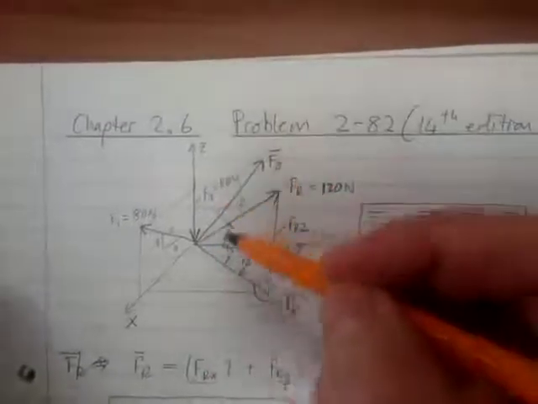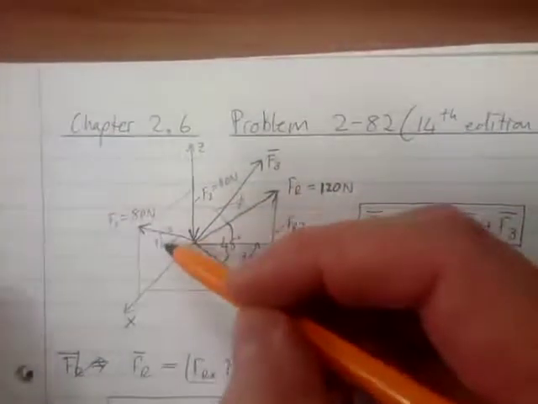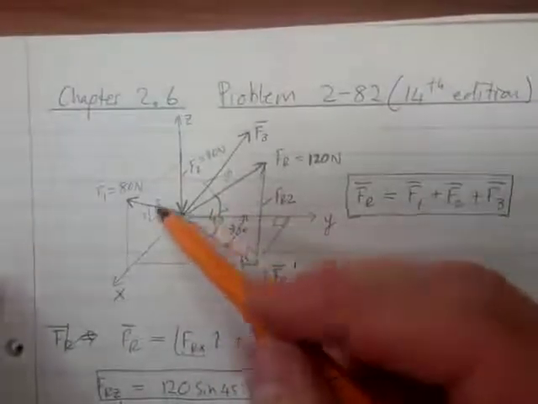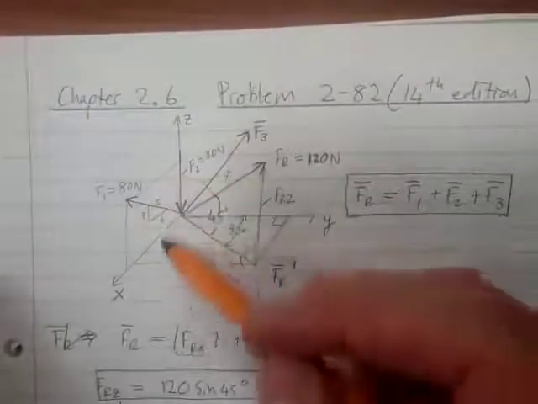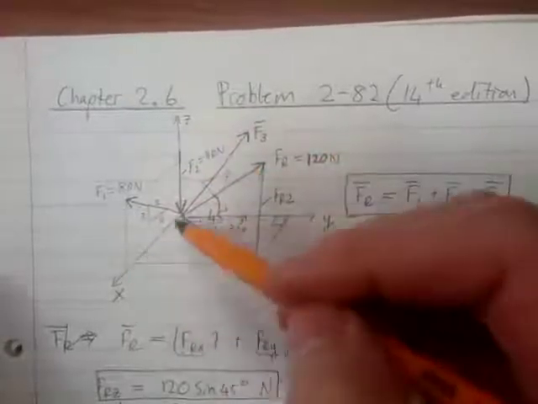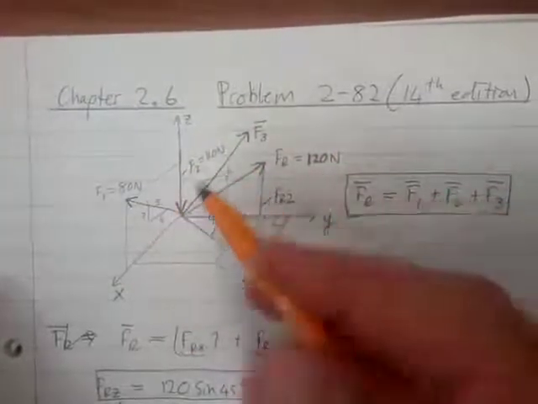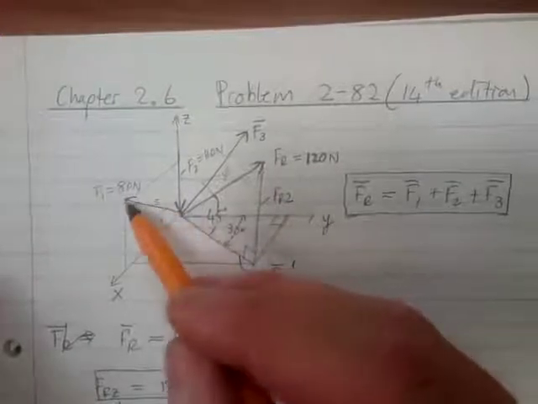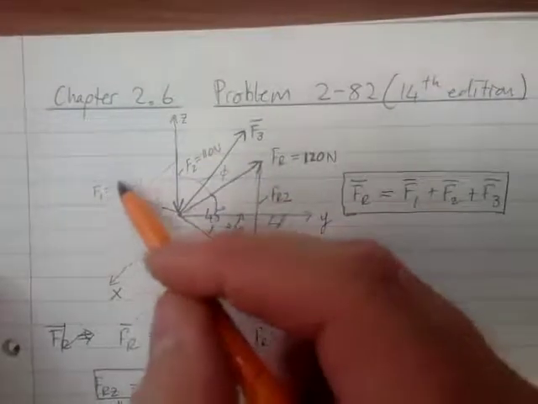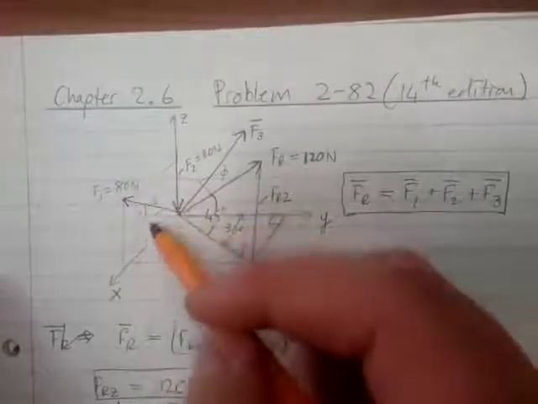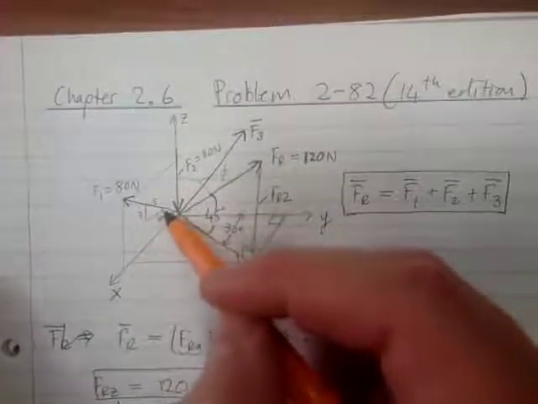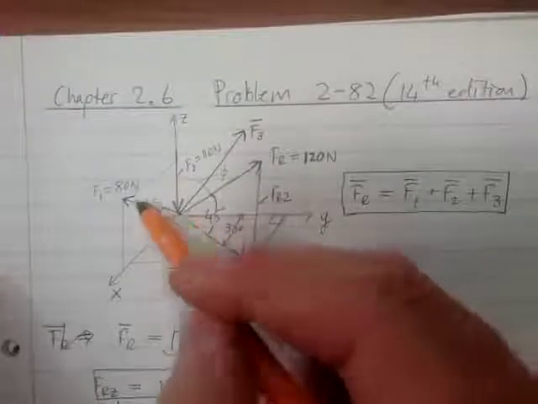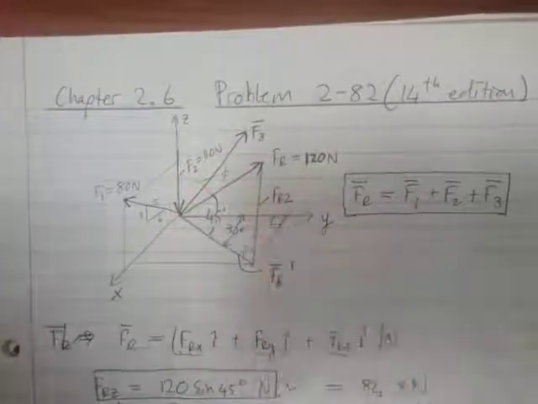Now if we look at this drawing, and if you go back to the much better drawing in the textbook, you'll see that this force is acting in the xz plane. It has no y component. Can you see that? Its magnitude is 80, and it's got this 5, 4, 3 triangle, which allows us to calculate the components.